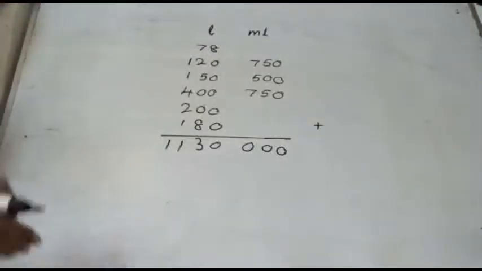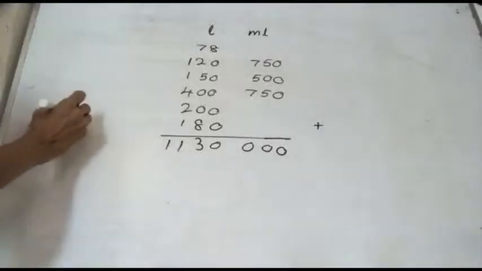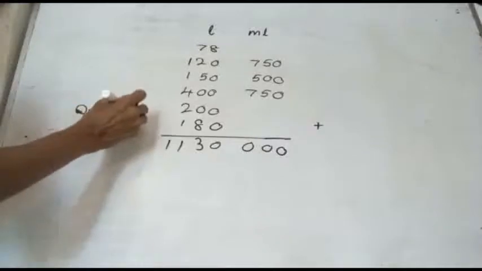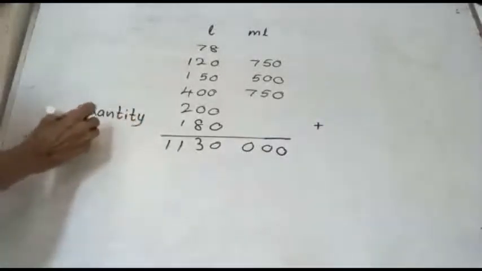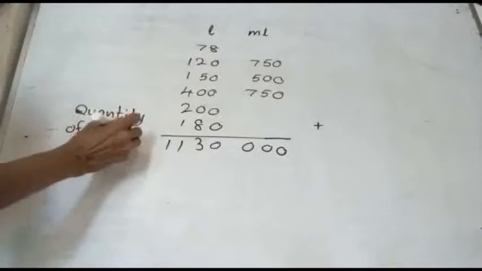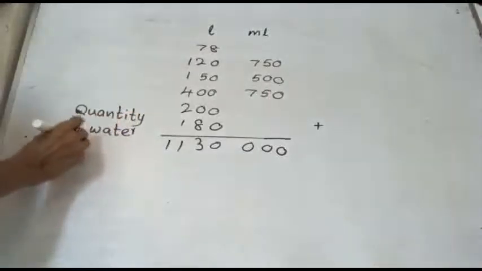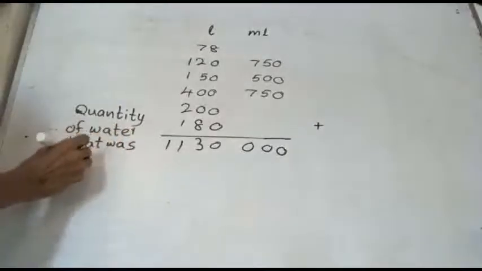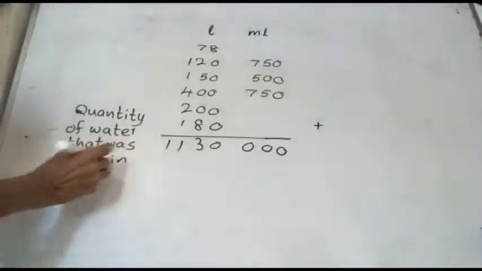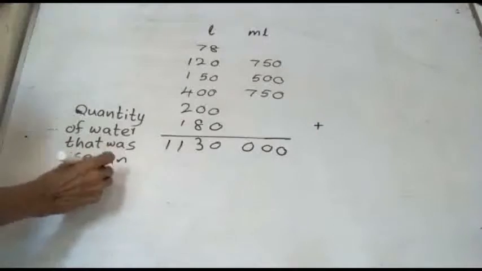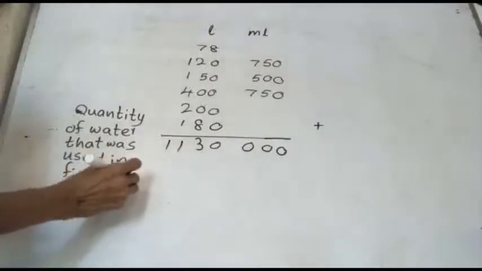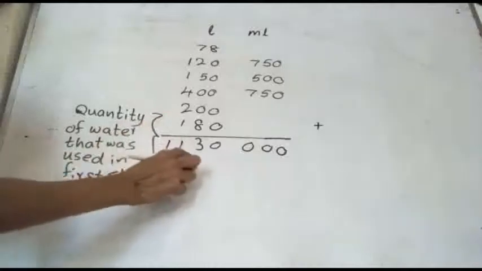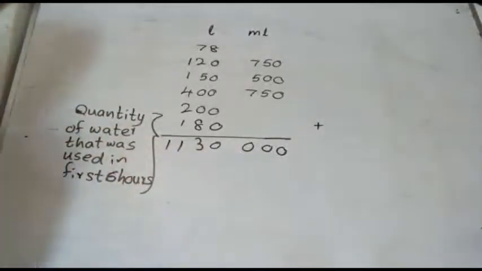The quantity of water that was used in the first 6 hours is equal to 1130 liters.